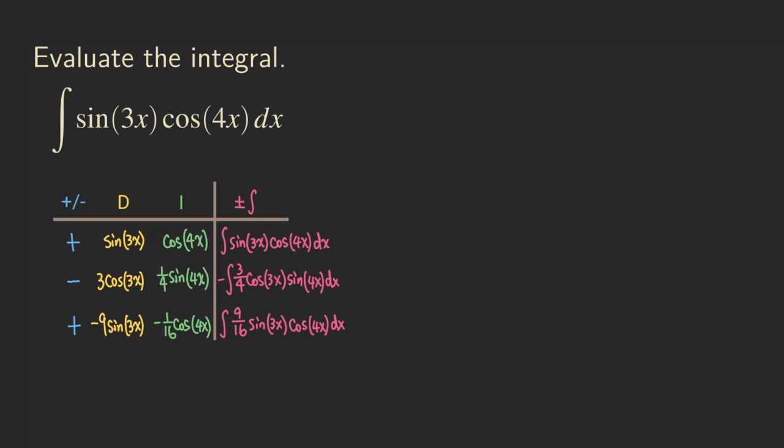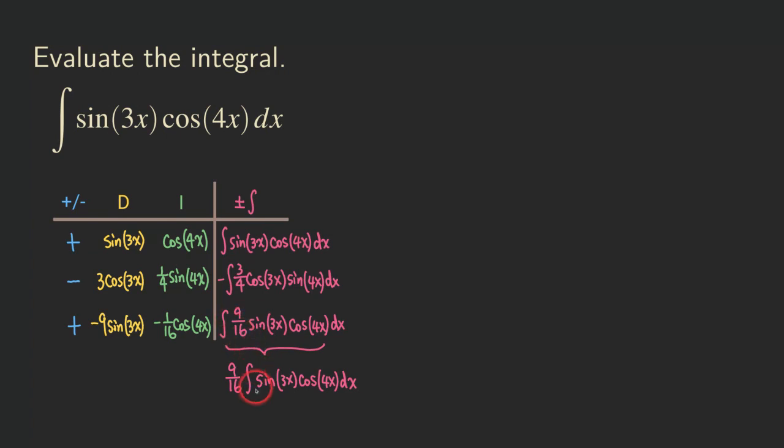And then, of course, we can actually take the 9/16 outside the integral, so now it looks like this: 9/16 times the integral of sine of 3x cosine of 4x dx.